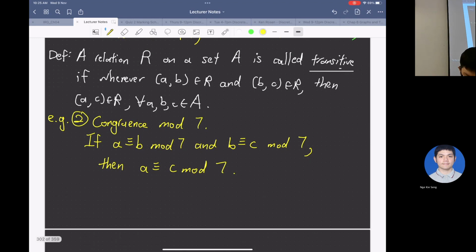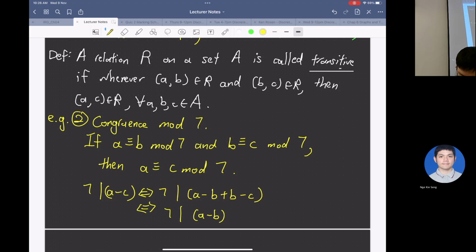So the question is whether 7 divides A minus C. But A minus C is equal to (A minus B) plus (B minus C). By assumption 7 divides these two terms, then there's a theorem that you can divide the sum of them.